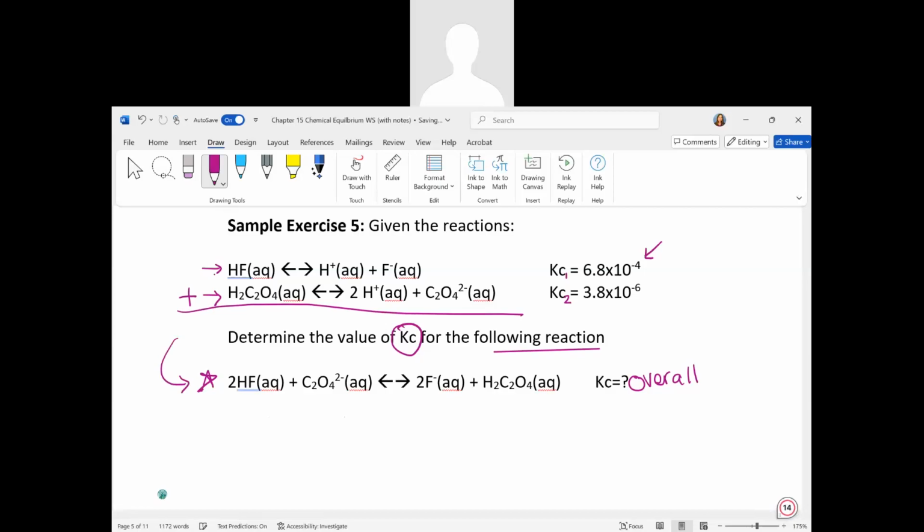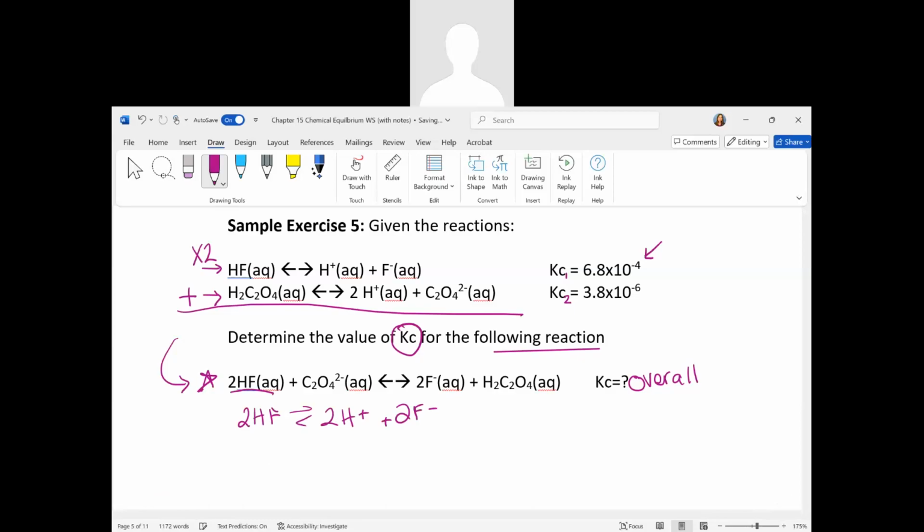Let's take a look at step 1 here. We have HF, our reversible arrow for our equilibrium reaction, and then our products are H plus and F negative. Let's take a look at our reaction down here. We see 2HF, so I know that I'm going to need to multiply this first reaction by 2. So we get 2HF, and then our double-headed arrow will yield 2H plus and 2F negative.